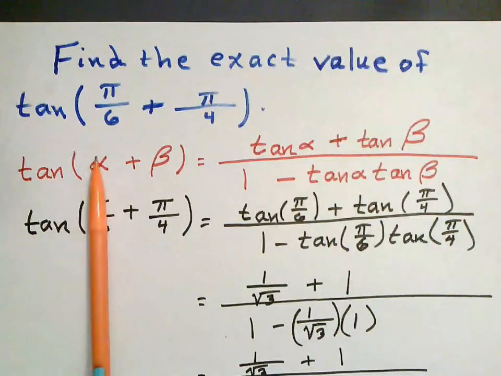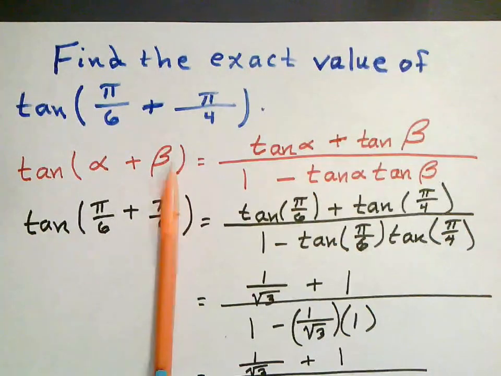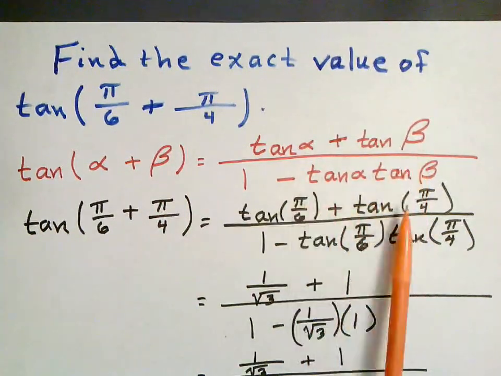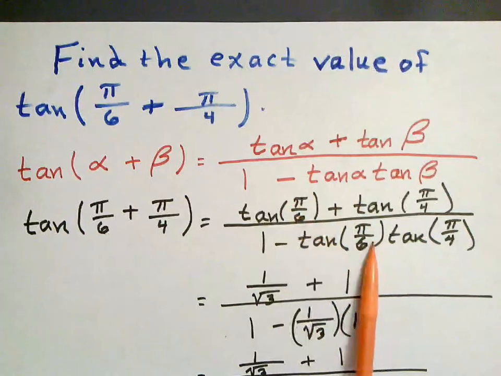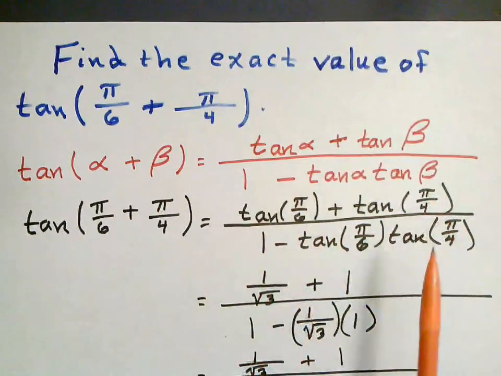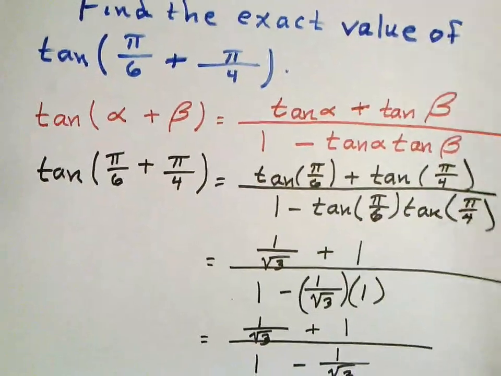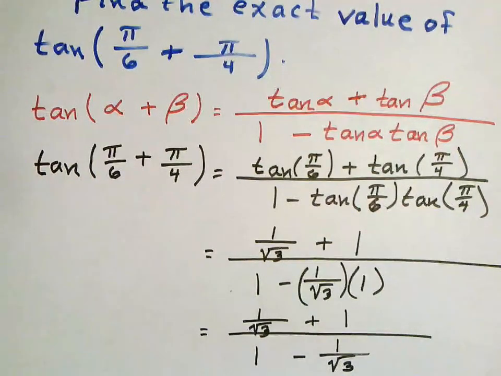So here you see the alpha is pi over 6 and the beta is pi over 4. So wherever we see alpha, we're going to put pi over 6. Where we see beta, we're going to put pi over 4. And then we can use our unit circle to help us find these values.